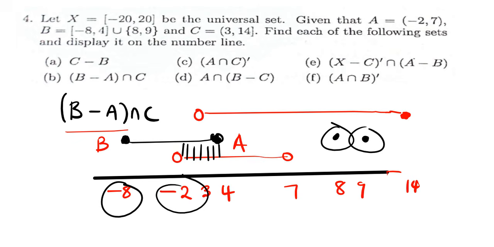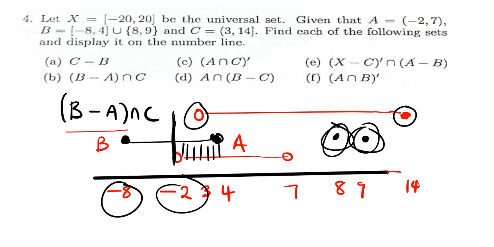Now we're trying to intersect it with C. And C is from 3 there all the way to 14. Because we've removed this part for A, it's not there. B now is starting from here after we've removed A, so the only part where we're going to have the intersection between both of them is only these 2 points.